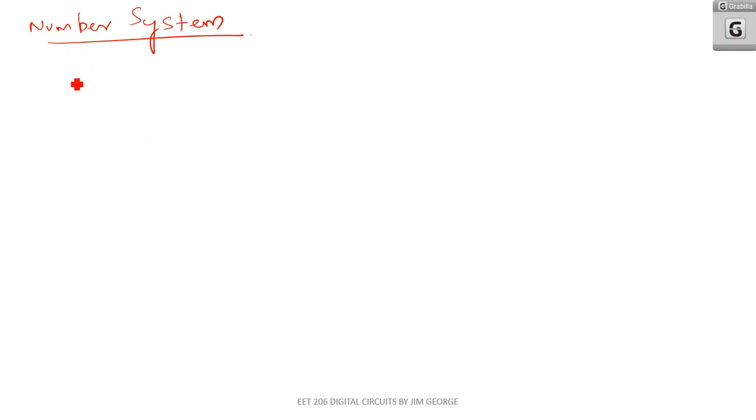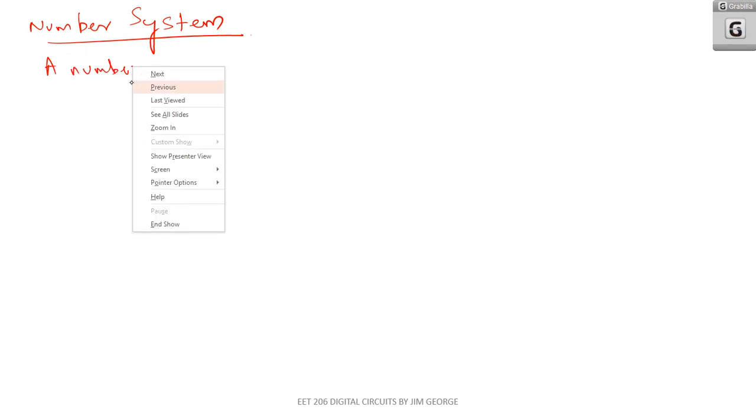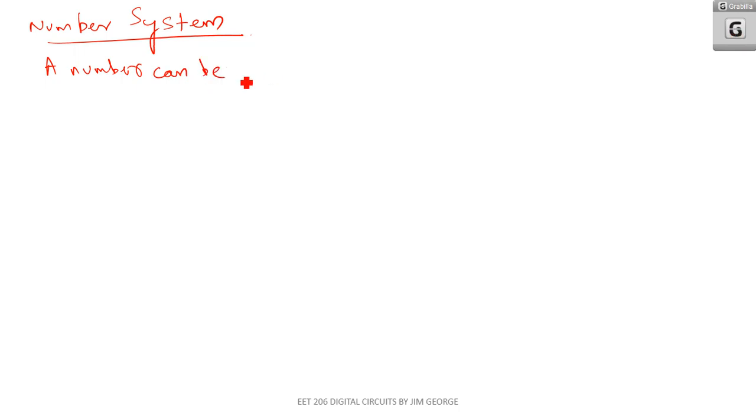See, if you are looking to any type of number system, a number can be represented in the following form generally.